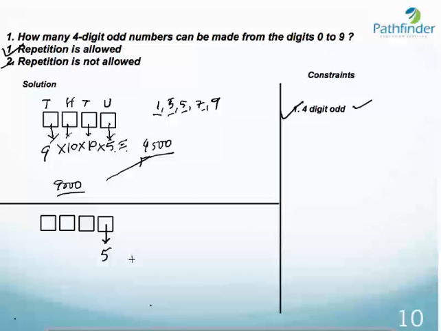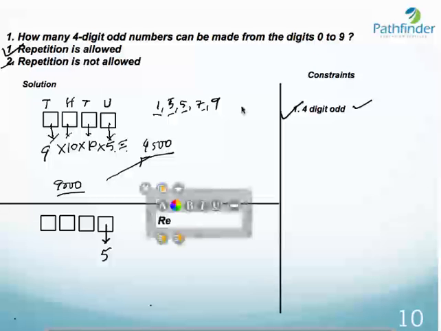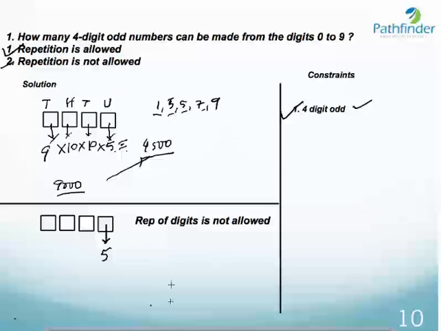Now because repetition of digits is not allowed in this particular question, once we place a particular digit, we will not be able to use it once again. So once the units place has been filled, we cannot use the same digit for any other position. So how many digits remain? Including 0, there still are 9 digits which can be placed in this box.